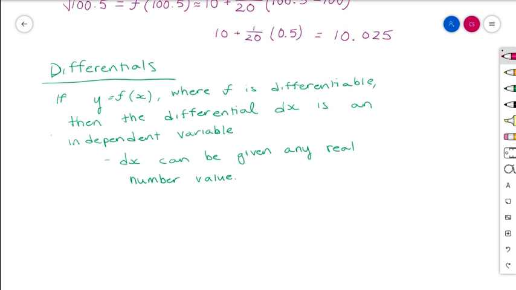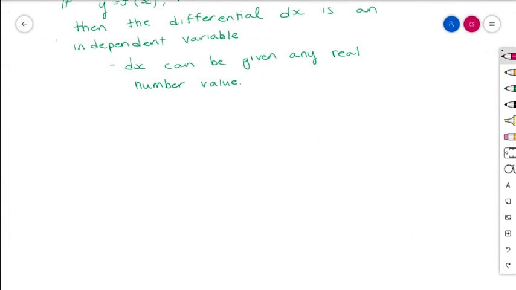And then we have dy, the differential dy, let me start over, because we're kind of defining that differential. The differential dy is defined by dx.